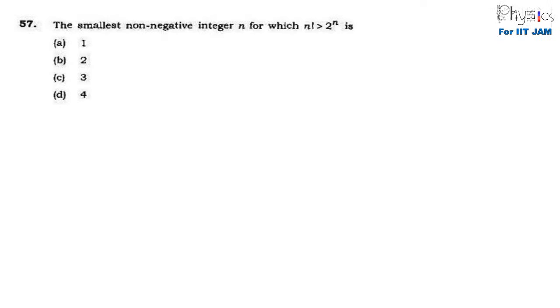So here is our next question. The smallest non-negative integer n for which n factorial is greater than 2 to the power n is option A 1, option B 2, option C 3, option D 4. So tell me which is the correct option here. See, this question does not need any calculation. You simply need to know how to calculate the factorial.